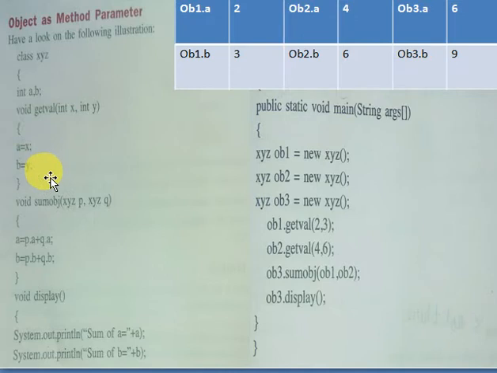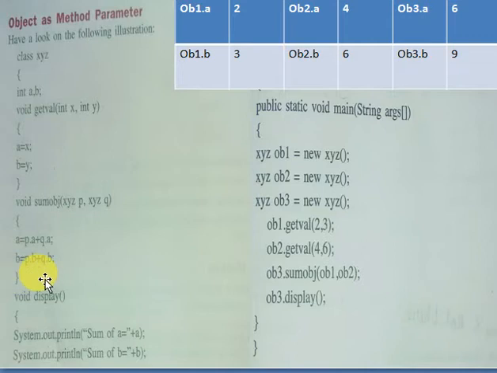Then, now the difference. Void sumObj(XYZ p, XYZ q). See here, p and q are XYZ type. XYZ type means p and q are objects, so you take two objects as parameters, and those two objects' values are used. p.a means first object's a value plus second object's a value is added and stored in the a value of the object which is calling this function.